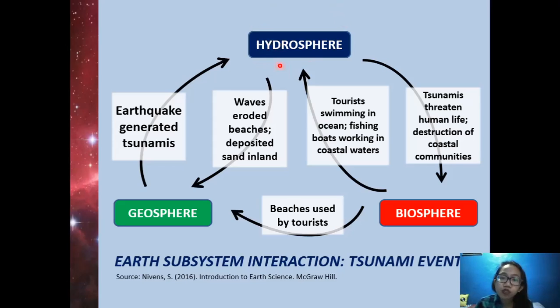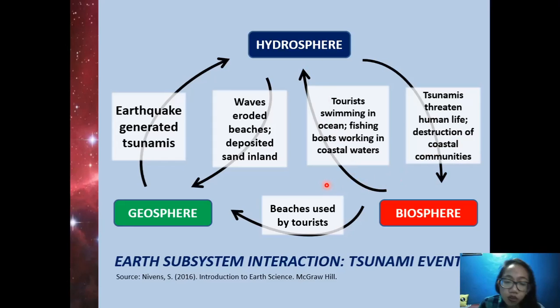Then the hydrosphere will have waves, and these waves will hit the geosphere in the form of beaches and cliff sides, and will affect the terrain in general. The biosphere, of course, will be affected as well by a tsunami event. They could threaten human life and other lives as well, and cause destruction of coastal communities.